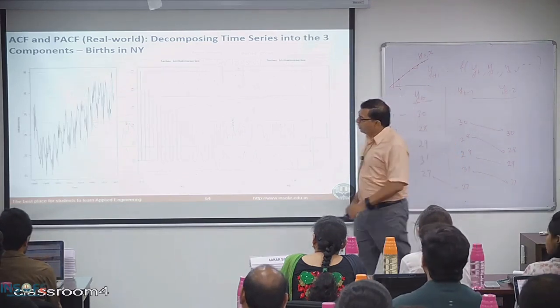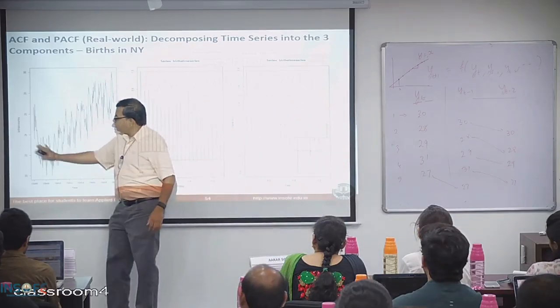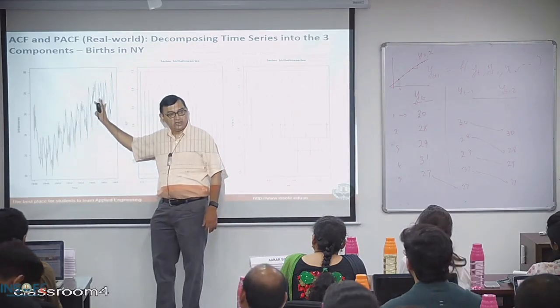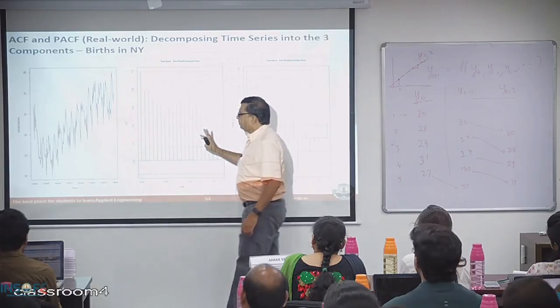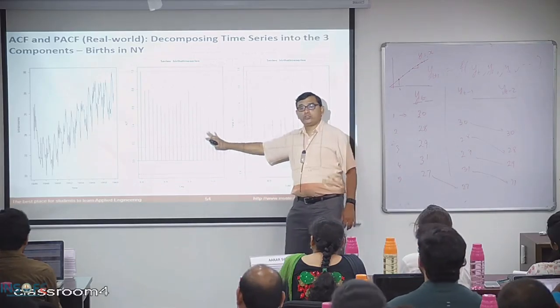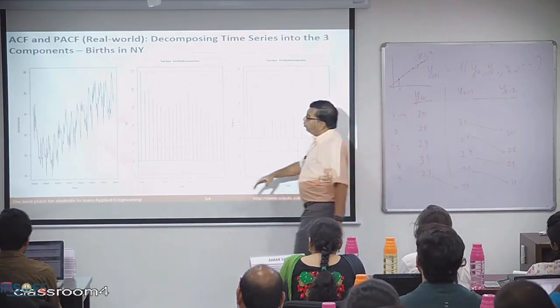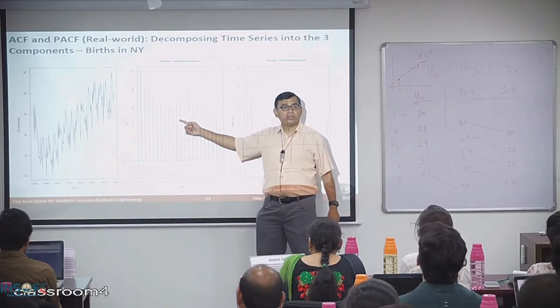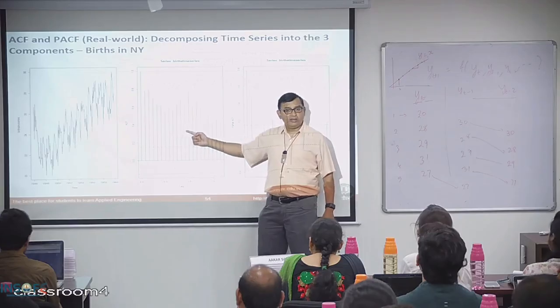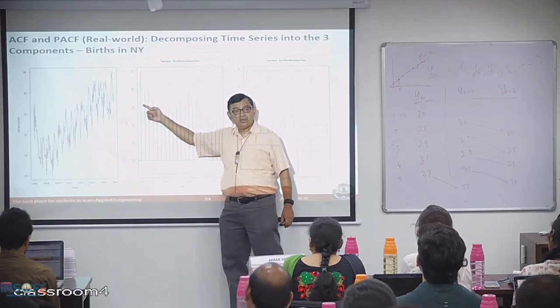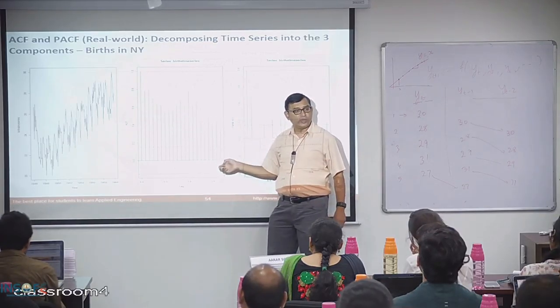So if you take this data, this is again the birth time series data. If I look at the autocorrelation function and the partial autocorrelation function, it looks like this. What do you see now? The values are all very high and they don't actually drop to zero quickly, right?